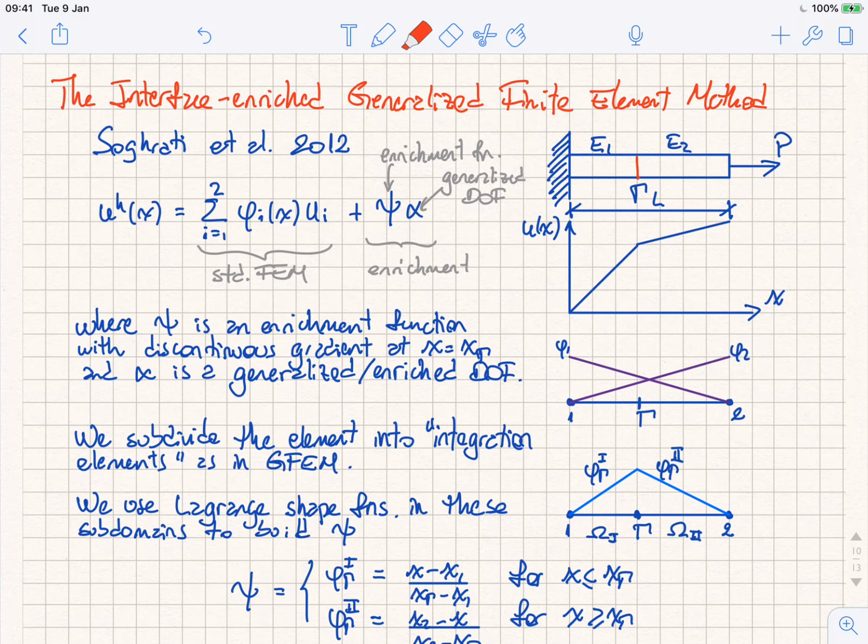So the enriched finite element space resulting from IGFEM and the one obtained by just subdividing that one big element into two elements is basically the same. So in a way, IGFEM is an enriched formulation that is able to recover that standard conforming discretization.